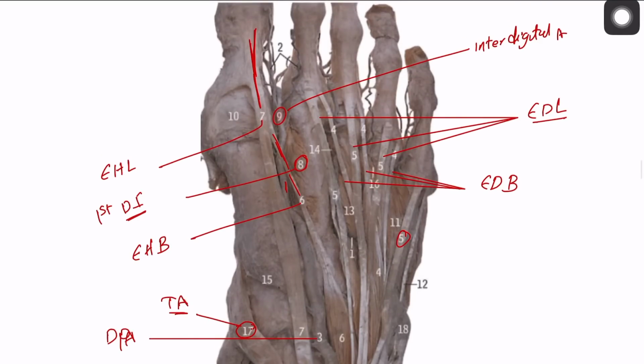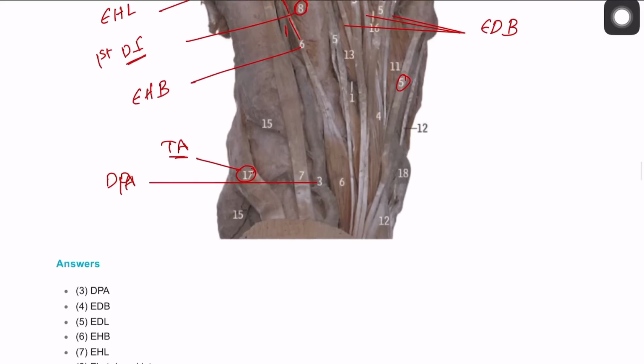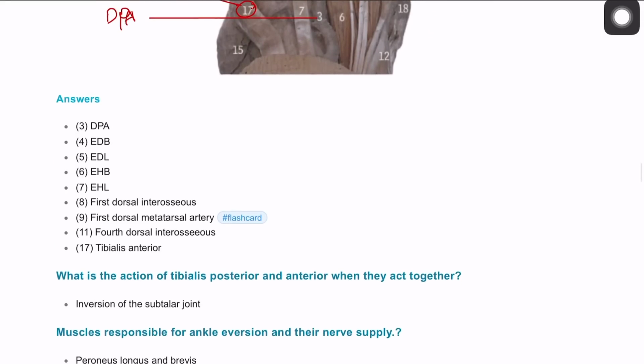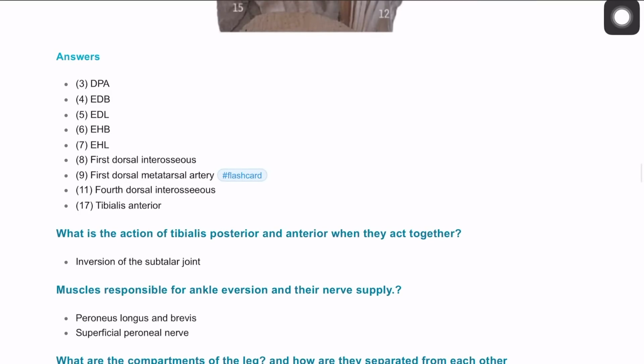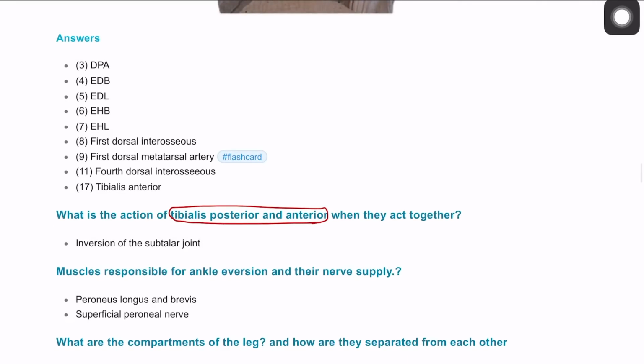These are some other structures in the dorsum of the foot, very clearly outlined in here. So what is the action of tibialis posterior and tibialis anterior? I think we pretty much mentioned this before. When they work together, they cause inversion of the subtalar joint. And always remember, the inversion does not happen at the ankle joint.